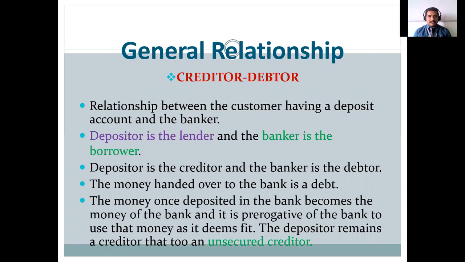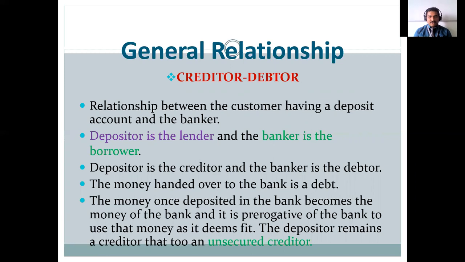Based on the nature of the businesses, we define those relationships. In a creditor-debtor relationship, the customer is the creditor and the bank is the debtor. The customer deposits their money in the bank, so they are called creditor, and the banker gets money from the customer for the purpose of lending to another customer.